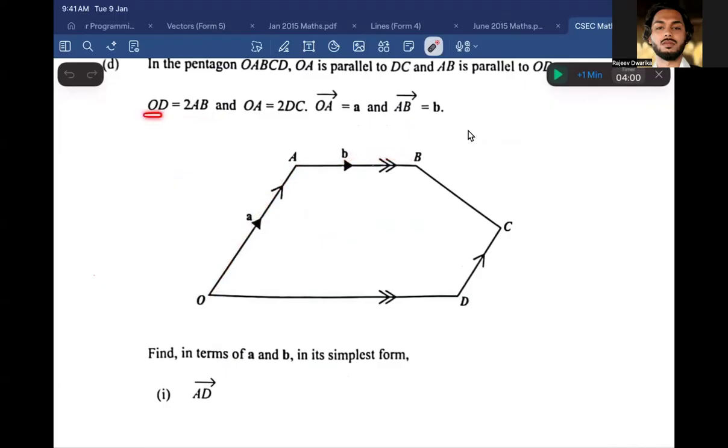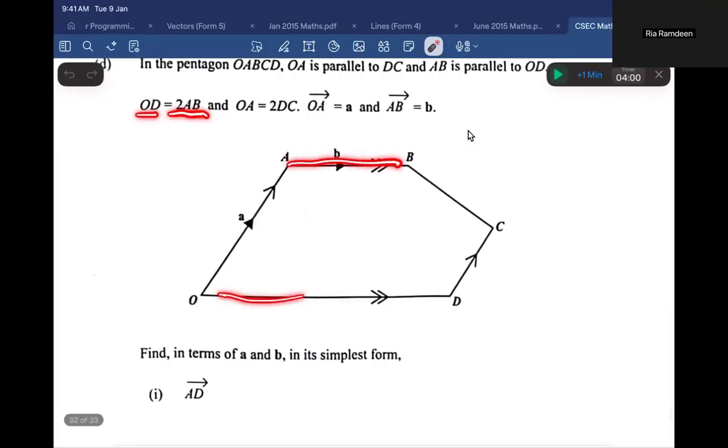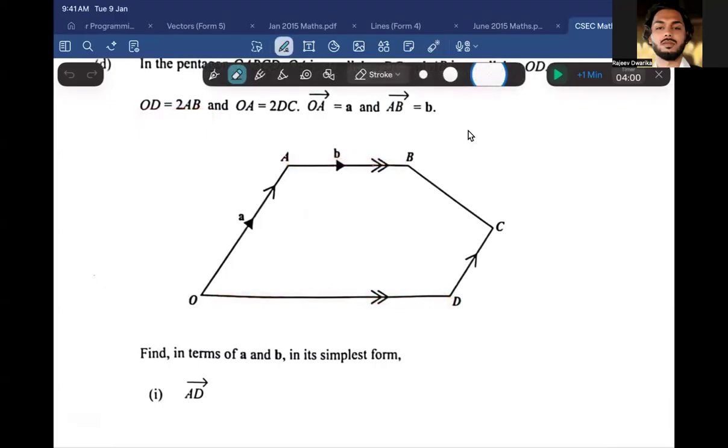They're saying that OD is equal to 2AB. Is that correct? So 2 of AB makes up the whole of OD. Excellent. That's a very important thing to keep in mind. So, Ria, AB is represented by what?